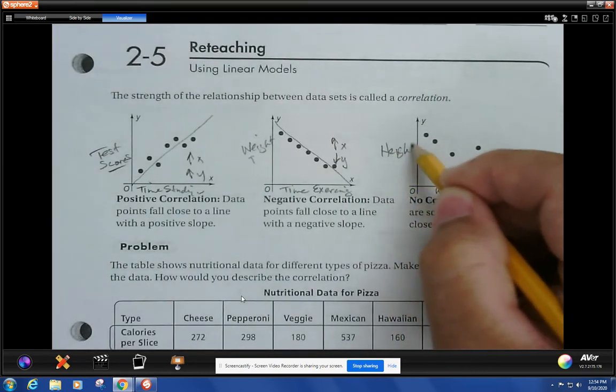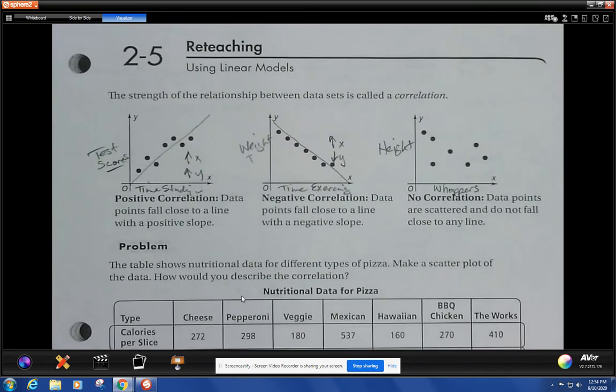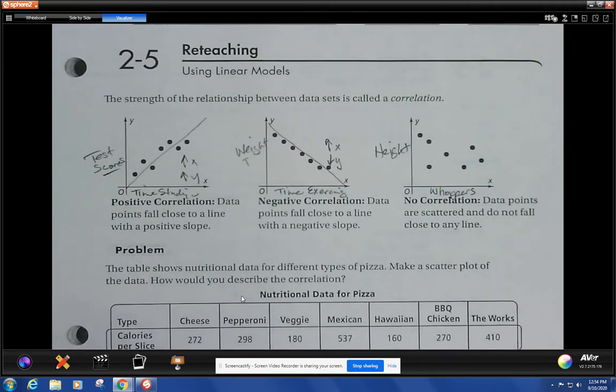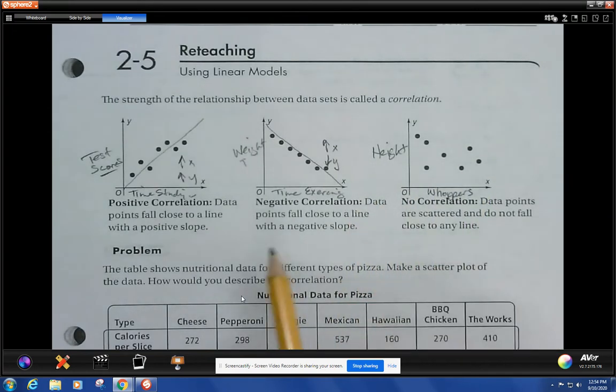Well, those two things have nothing in the world to do with one another. Maybe if I'm taller, I eat more Whoppers, I'm not sure, but those two things are not really going to correlate. For example, I could be 5 foot tall, but I eat more Whoppers, and guess what? My dot's going to be way over here somewhere.